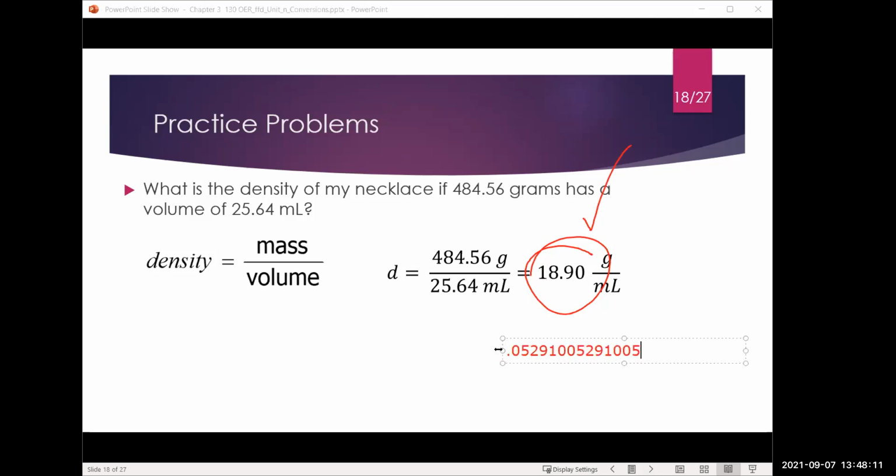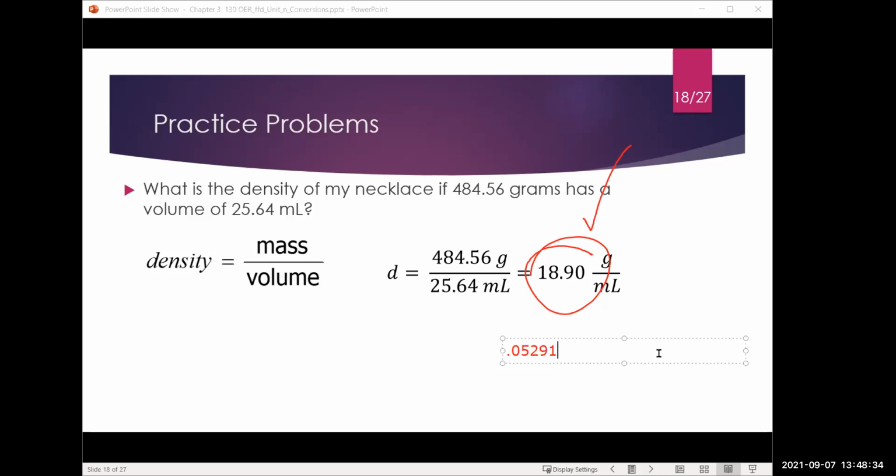If I get an answer like 0.0529, forget all the other numbers, but let's go ahead and truncate it to 4 sig figs right there, because that's where we're at. And let's say you got that answer and that's what you're going to write. Think about that answer. Ask yourself, does that answer make sense given what I'm doing to the mathematics?